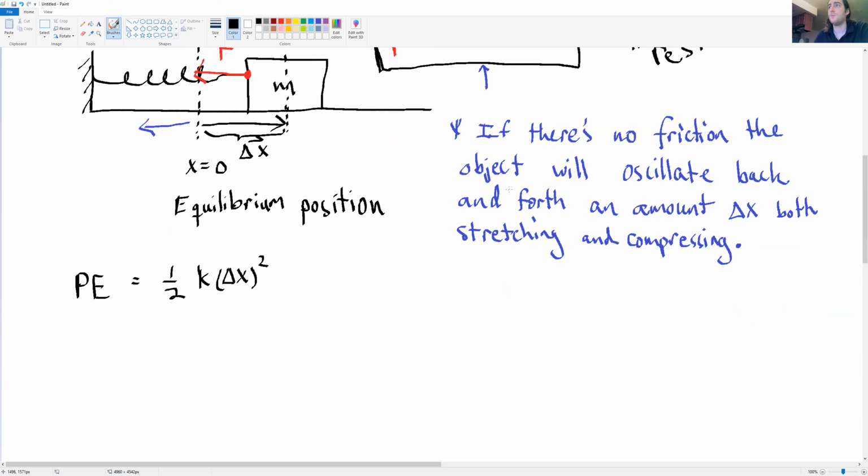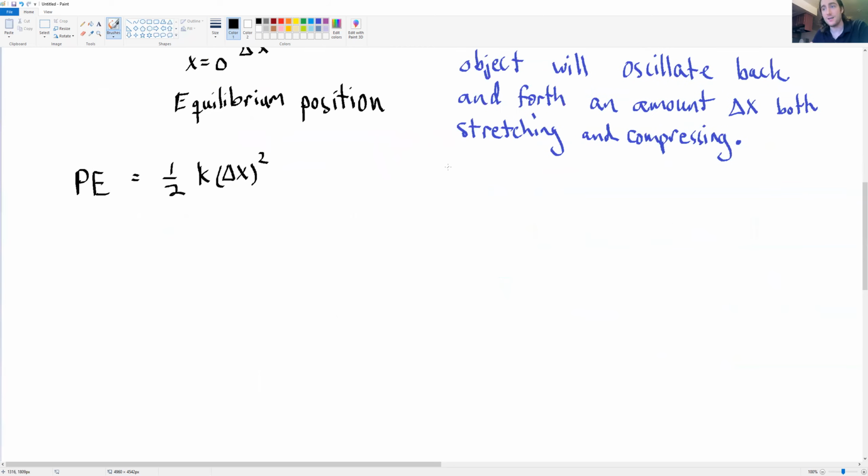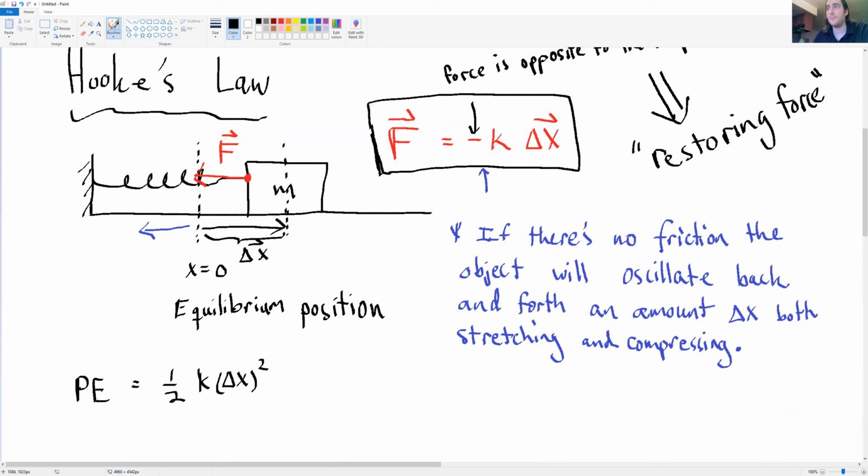So any material you can think of, let's say you form a rod, something like a steel rod, it's going to have a region in which we apply some force and it has a linear response, meaning that it stretches by an amount that is directly proportional to the force that you applied, which is exactly Hooke's law.